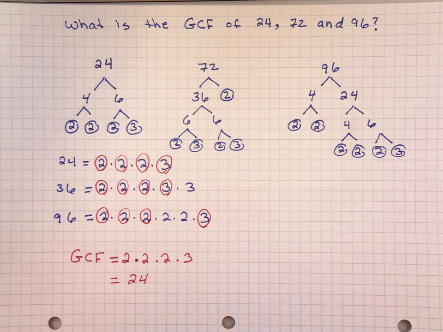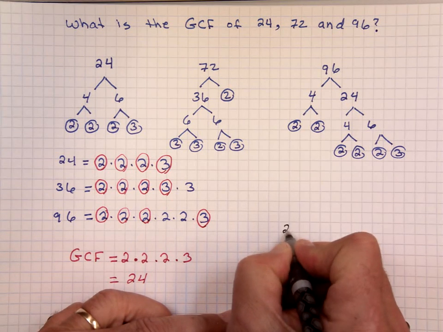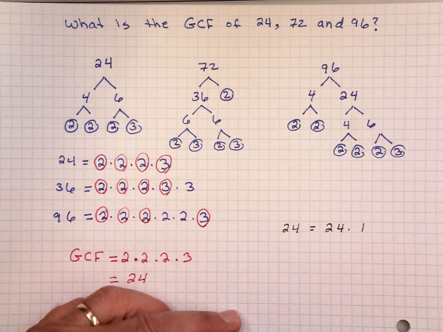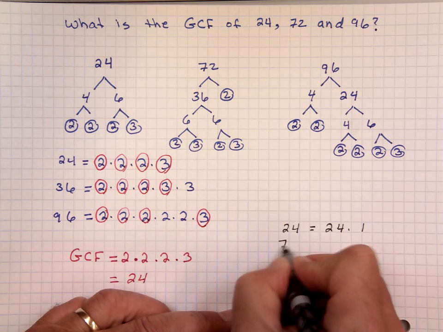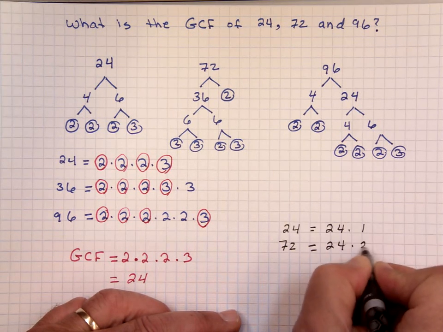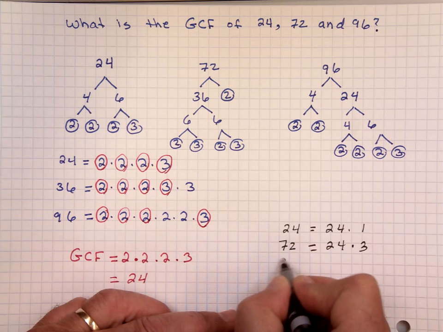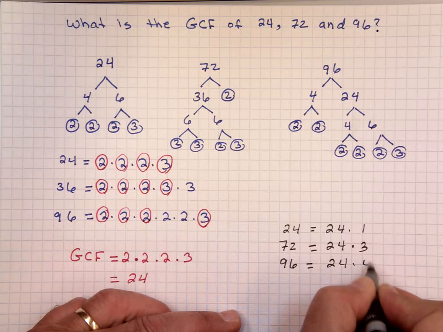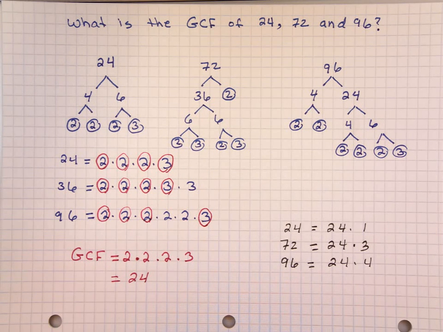And if we thought about it, we can say, well, 24 equals 24 times 1. 72 equals 24 times 3. And 96 equals 24 times 4. So we can see that 24 is the largest common factor.